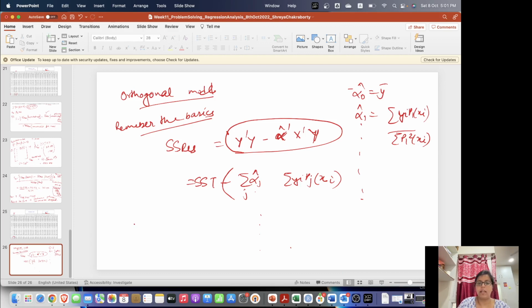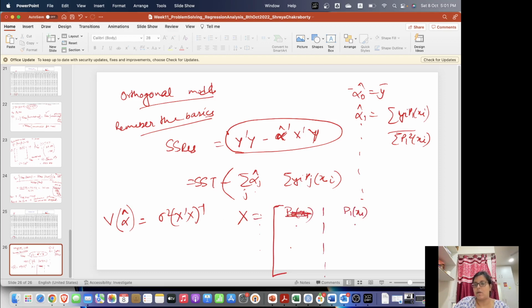Like, the variance of alpha hat would be nothing but sigma square x prime x inverse only. Now the x matrix is not the usual x matrix.